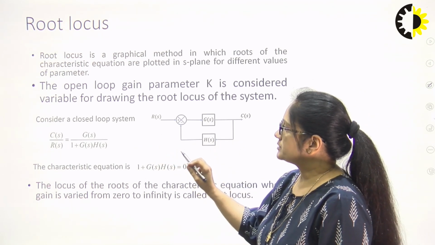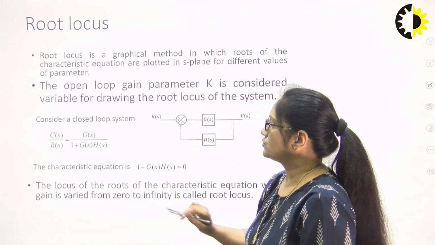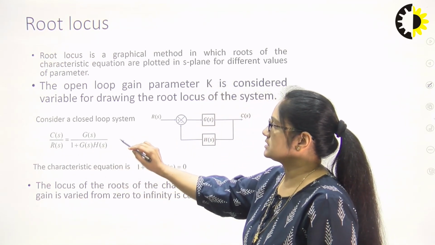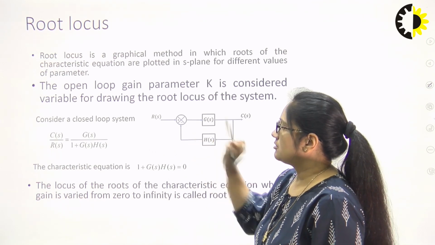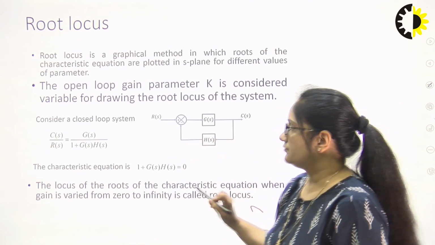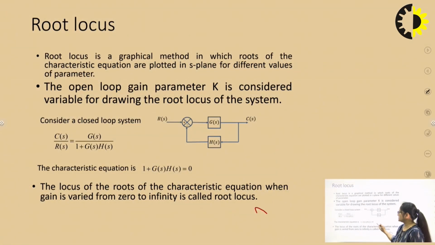Consider a closed loop system. The closed loop transfer function is G(s) upon 1 plus G(s)H(s), and H(s) is the feedback transfer function. Therefore, the characteristic equation here is 1 plus G(s)H(s) equal to 0.